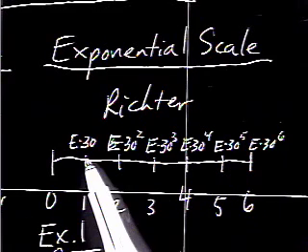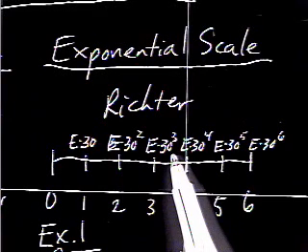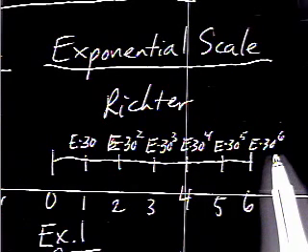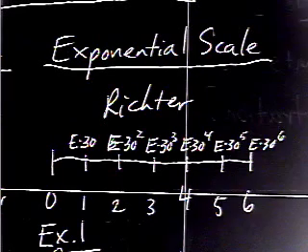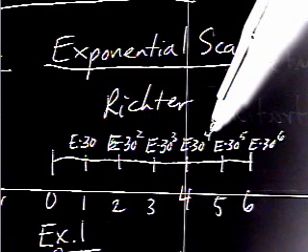The values: it's the energy released times 30, or the energy released times 30 squared, and the energy released times 30 to the third, and 30 to the fourth, 30 to the fifth, 30 to the sixth. In other words, these values are exponents.